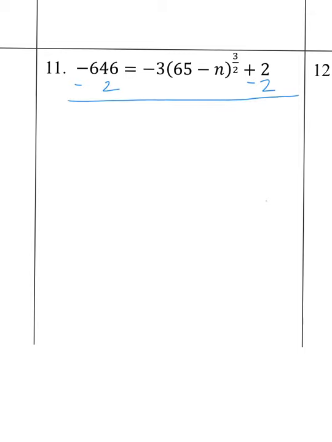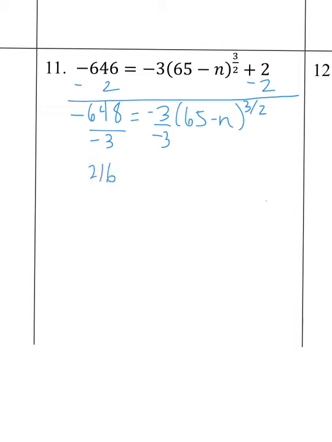Negative 646 minus 2 is negative 648 equals negative 3 times 65 minus n to the exponent 3/2. And then we're going to divide by negative 3. Negative 648 divided by negative 3 is 216. And that will be equal to 65 minus n to the exponent 3/2.